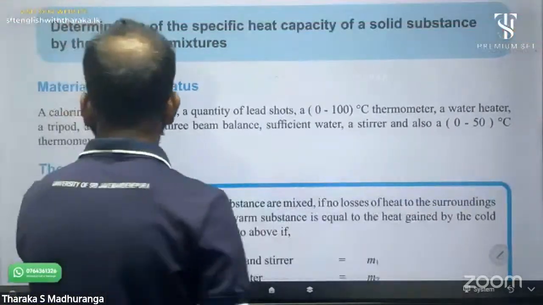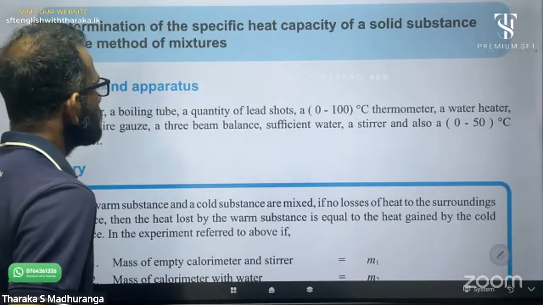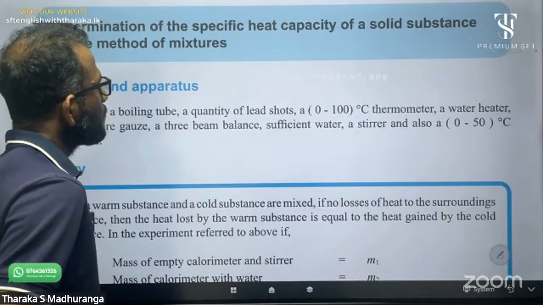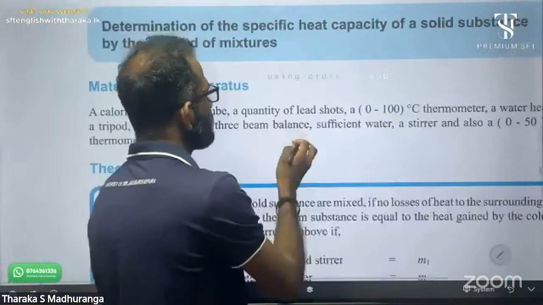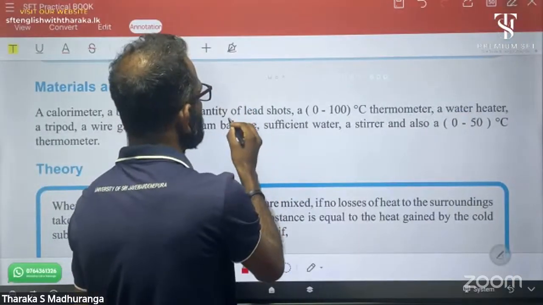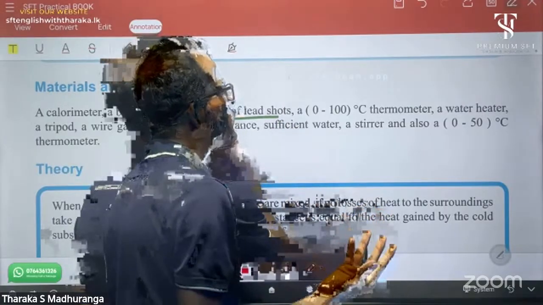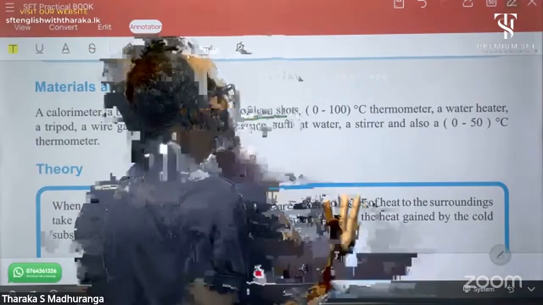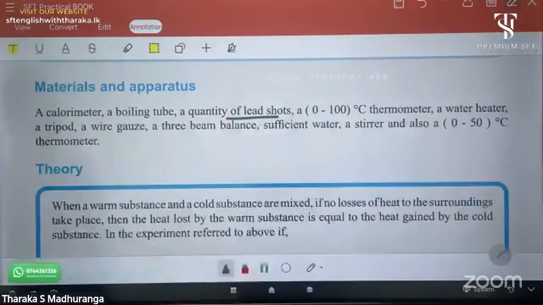The materials required: we need a calorimeter and boiling tube, and an unknown substance, lead shot, with a thermometer, a water heater, a tripod and a Bunsen burner.